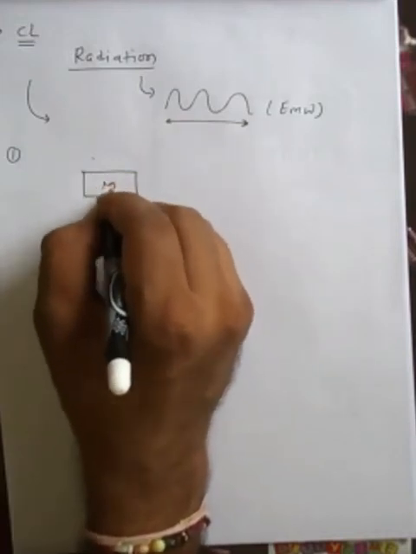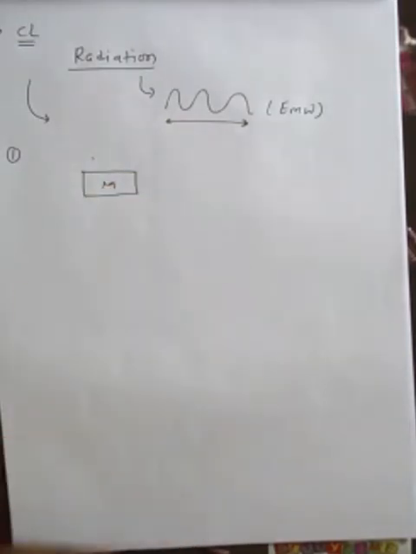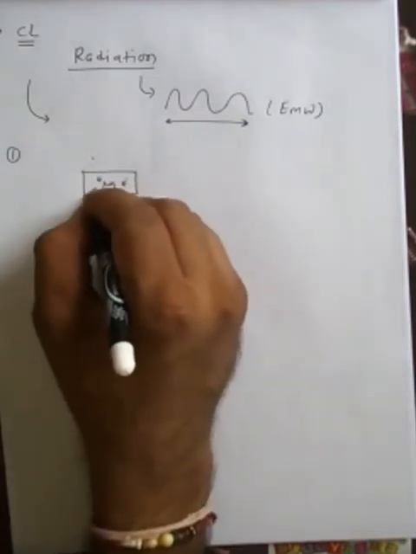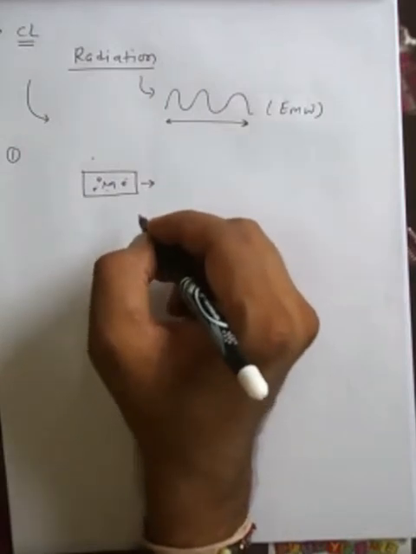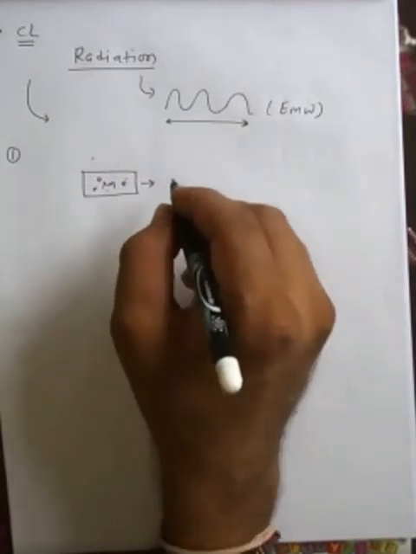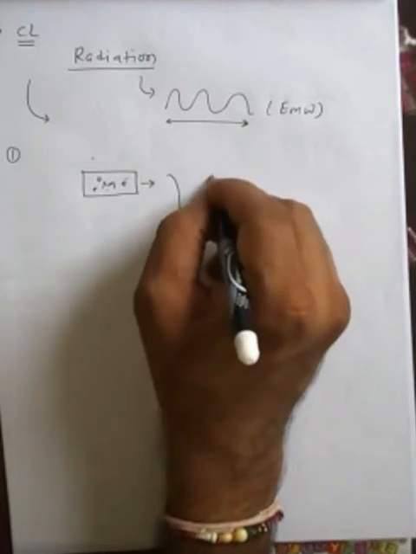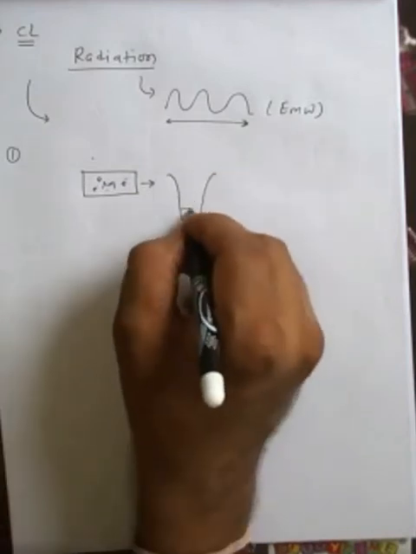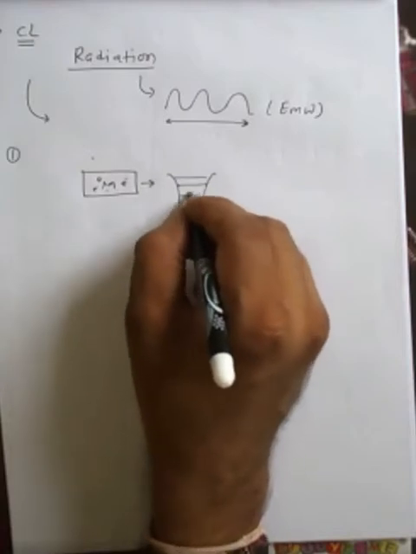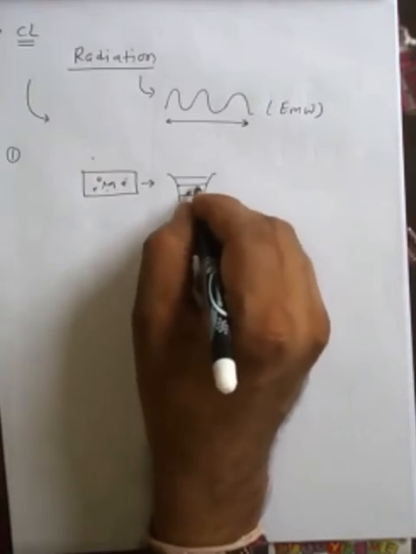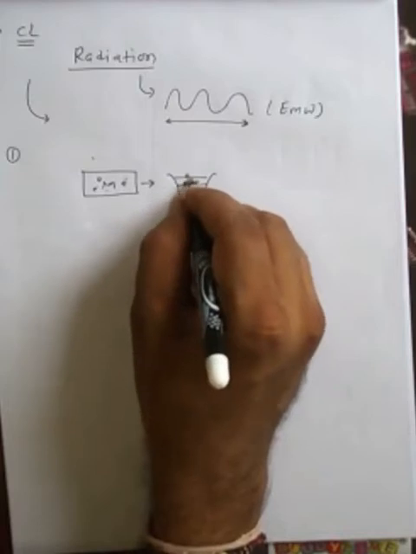Let's say this is the photosensitive material, and electrons are here. We can say they are free electrons, but they are not completely free. All the electrons are confined in a potential well, inner electrons and outer orbit electrons.